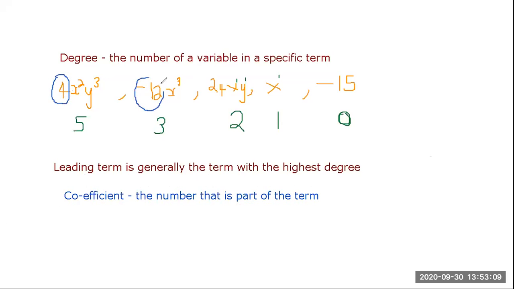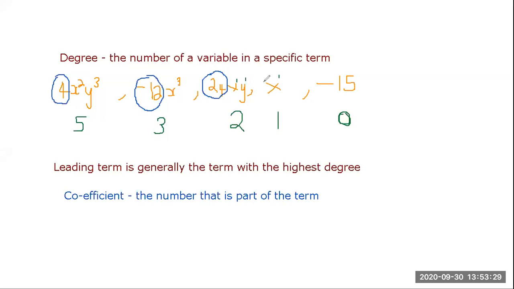Negative 12 is a coefficient. 24 is a coefficient. There's an imaginary 1 right here, so 1 would be a coefficient. And with this one, negative 15 would be a coefficient. Got it? We're talking about coefficient, leading term, the degree, and all that stuff. This is terminology that I'll continue to use, so you'll get used to it just because that's what I'm going to be saying.